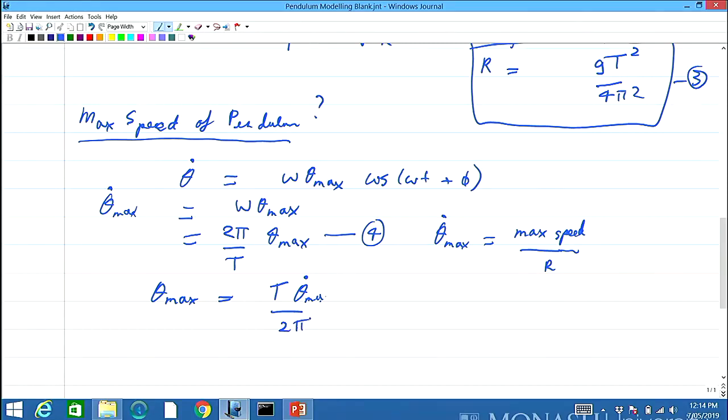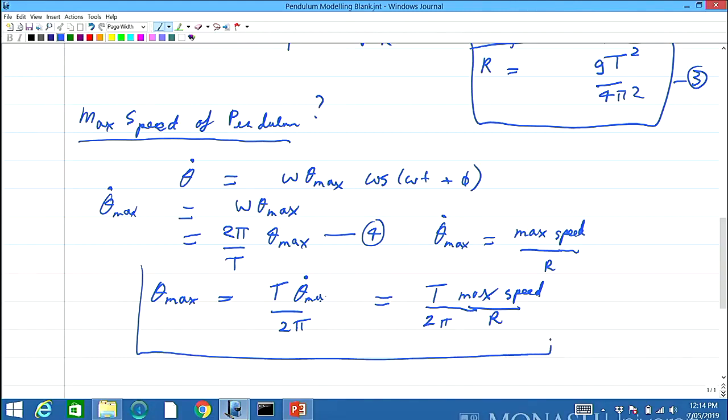Okay. So just substituting that maximum speed divided by the radius and 2 pi. So that's our first attempt. And I'll call this equation 5.